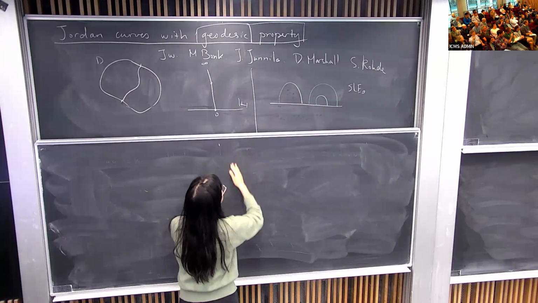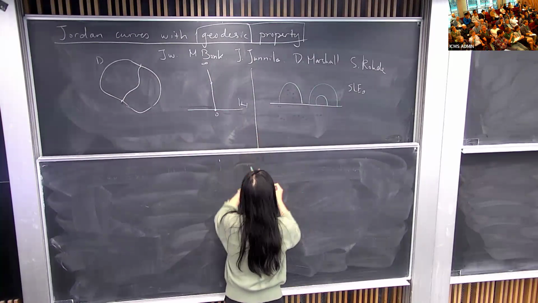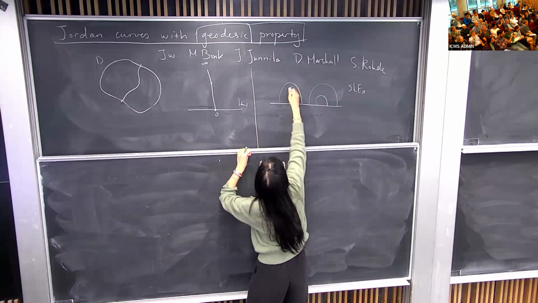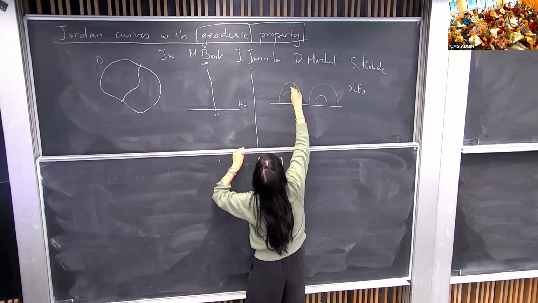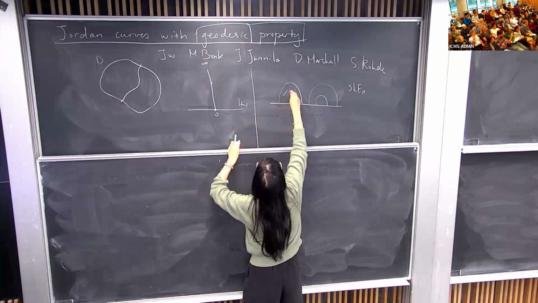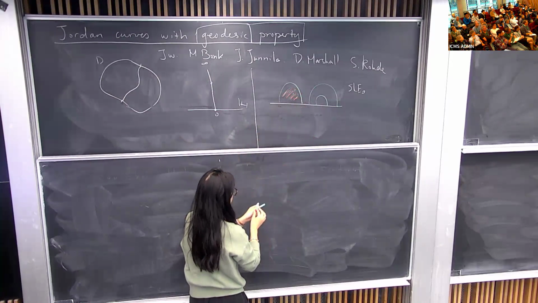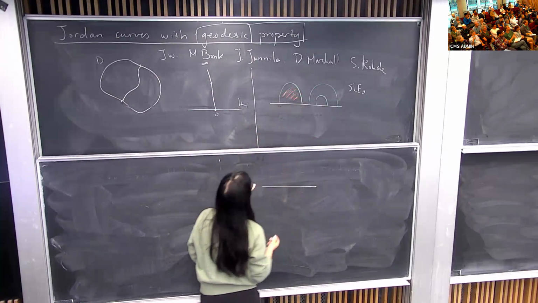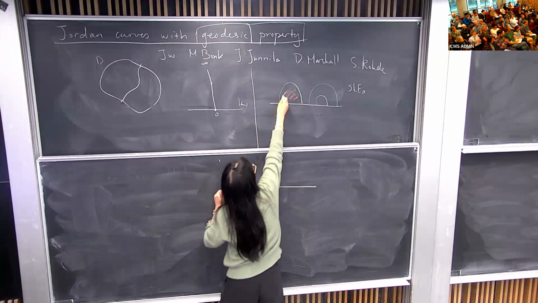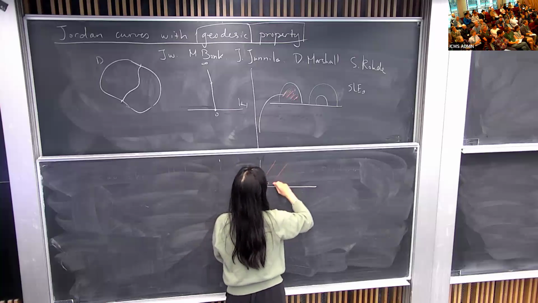If I have this right here, I can first consider this domain and map it to the upper half plane. I take an arbitrary map to the upper half plane.